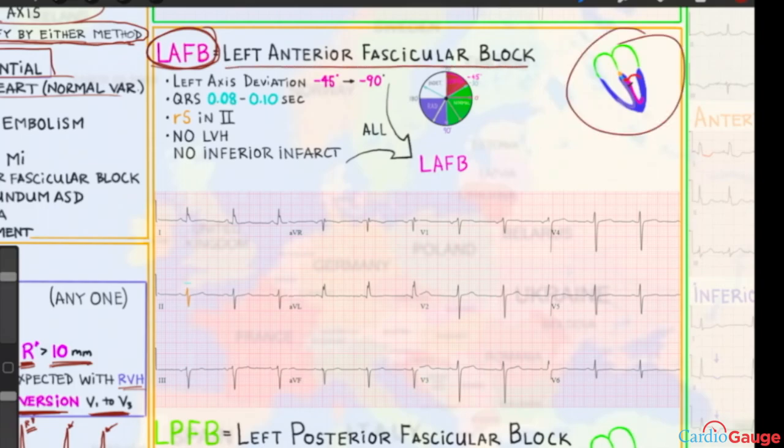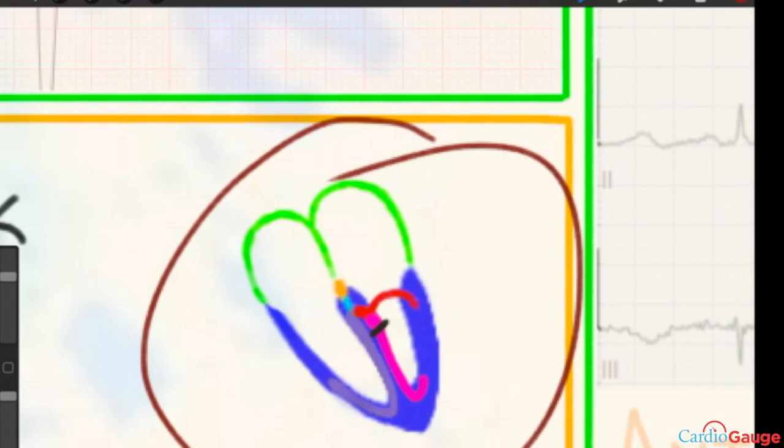So over here, after conduction passes through the AV node and then the His bundle here, the blue part, it hits the bundles, and the His bundle divides into the right bundle and the left bundle, and then the left bundle divides into the anterior fascicle and the posterior fascicle. So left anterior fascicular block is when conduction gets blocked here, and it doesn't go down that pathway. It just goes this way and then down the right bundle.